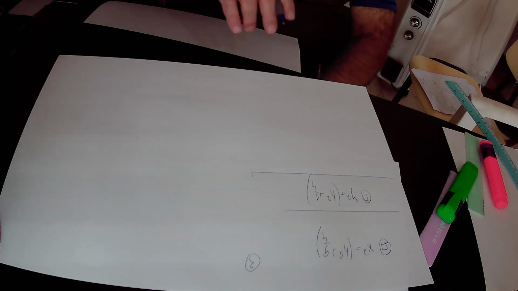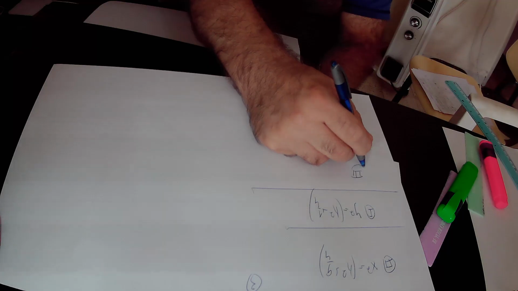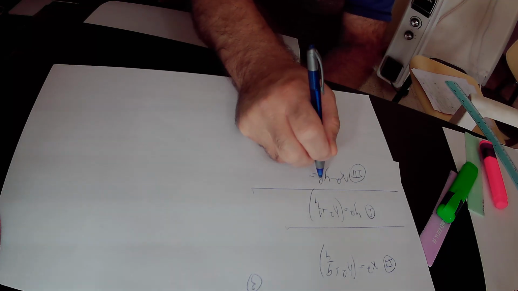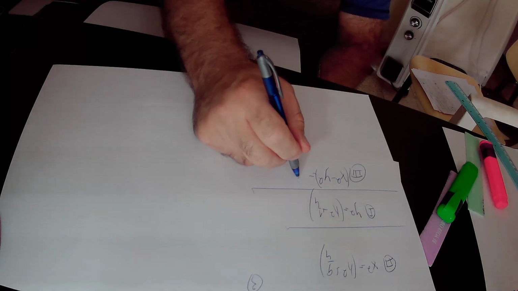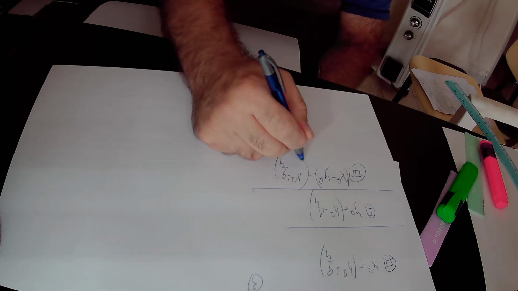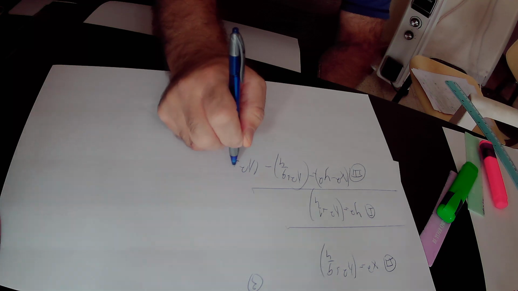Here we subtract equation 1 from equation 2. We get equation 3, which says that x squared minus y squared equals h squared plus 9 quarters minus h squared plus 1 quarter.